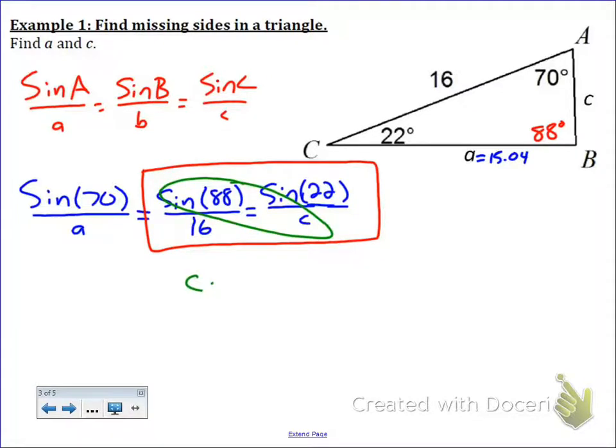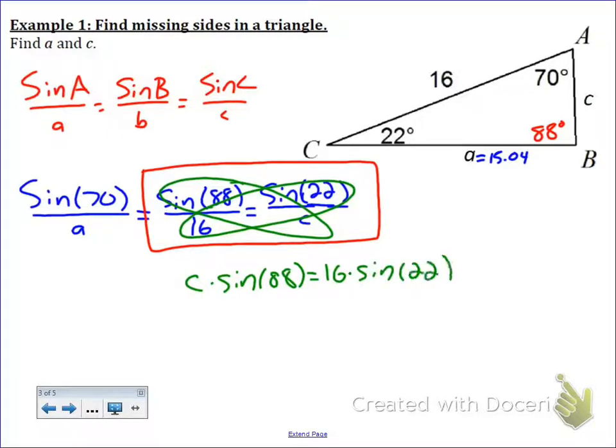It's going to give me C times sine of 88 equal to 16 times sine of 22, which we'll just leave as 16 times sine of 22. And we want to get C by itself, so I'm going to divide by sine of 88 on both sides. Sine of 88 is going to cancel out on the left.